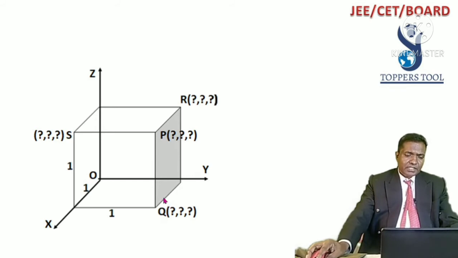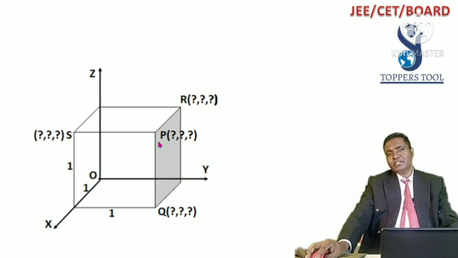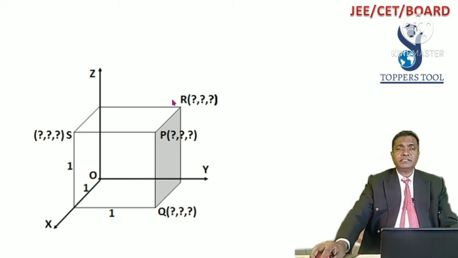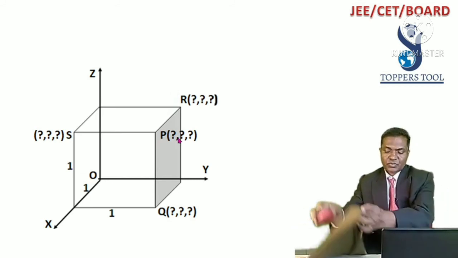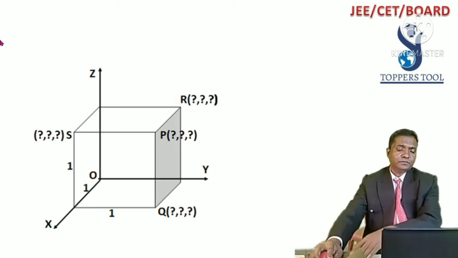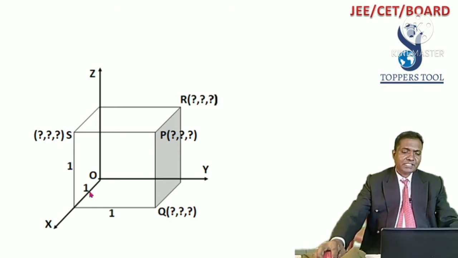Now see here, you have to identify the coordinates of this point P. As I mentioned earlier, coordinates are the distances from the planes. The x coordinate stands for the distance of the point P from this backside wall, that is the YZ plane.